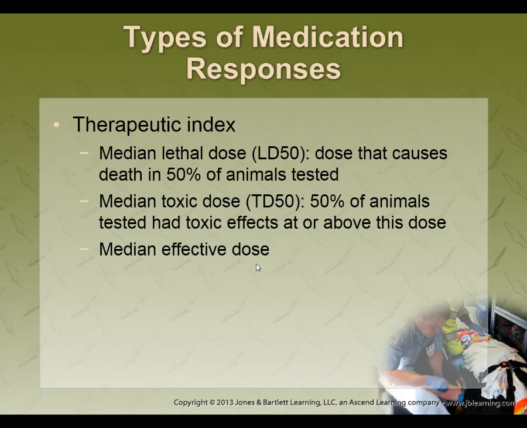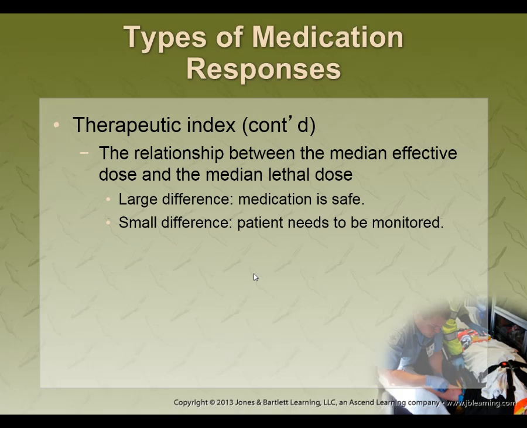So we have to be very careful about that. Also, if someone has a disease such as kidney disease, heart disease, or liver disease, the therapeutic index may change for them for the effective, the toxic, and the lethal dose. So conditions can also affect that. So just be sure that you are aware of that.